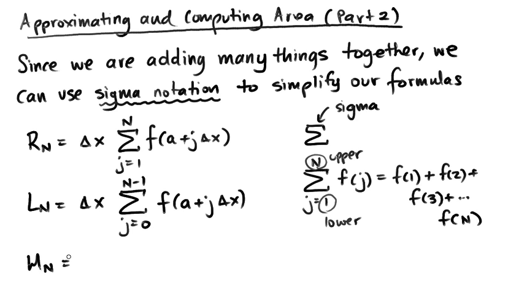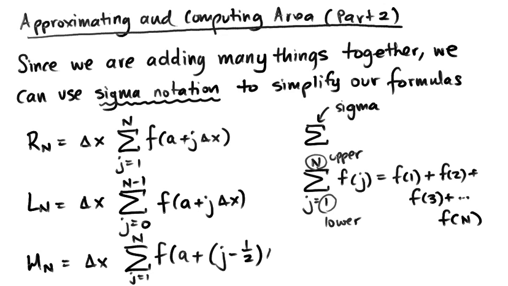There is a midpoint one as well: j equals 1 to n, times the delta x and the sigma notation of f of, and this is a little bit more complicated because you are using the midpoint, so a plus j minus 1/2 times delta x.